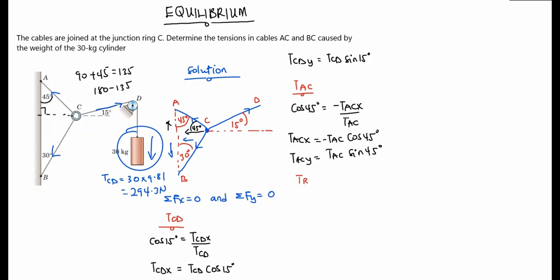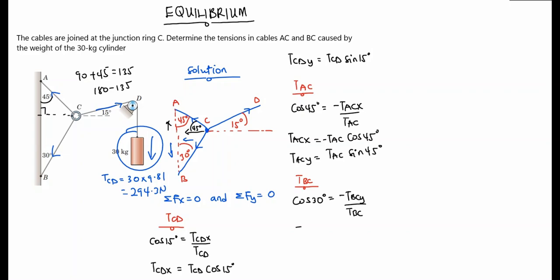For TBC, you are going to have the cosine of 30 degrees to be equal to the adjacent side, which will be the y component, TBCY, divided by the hypotenuse, which is TBC.